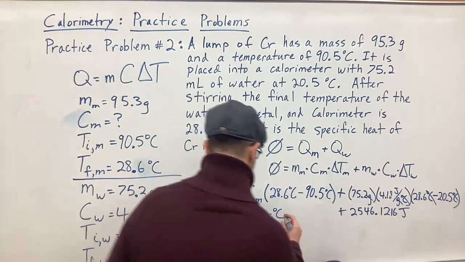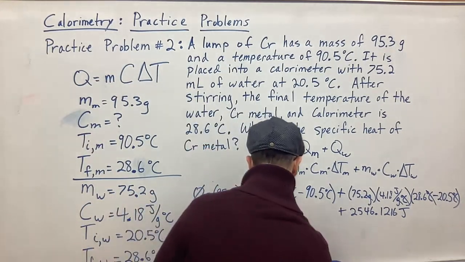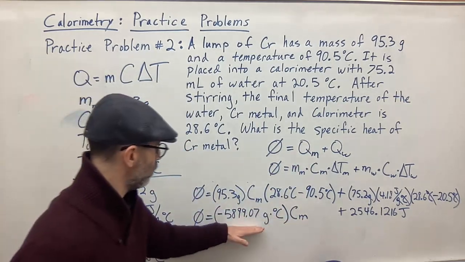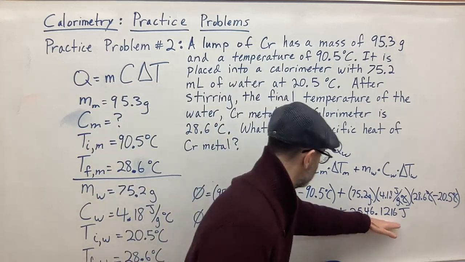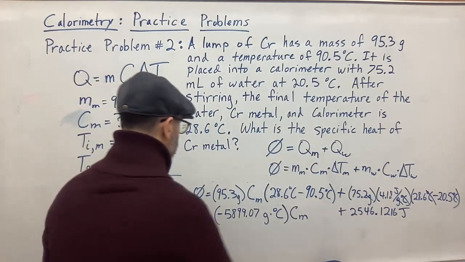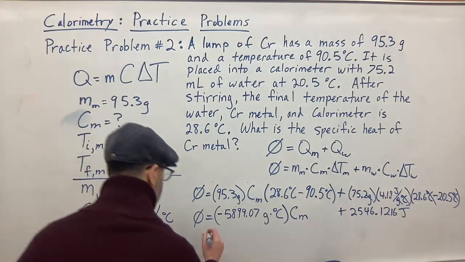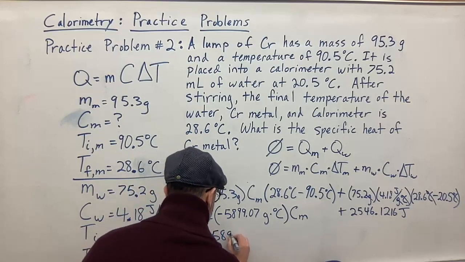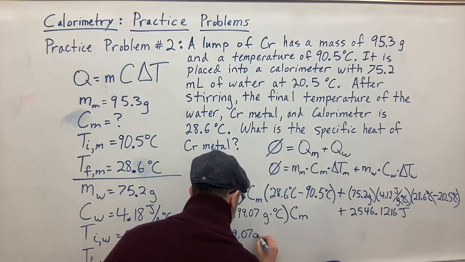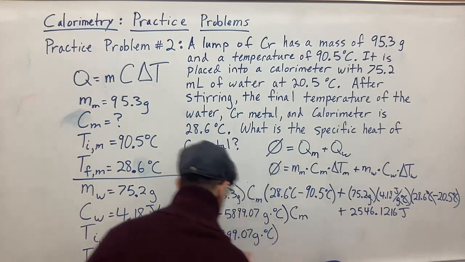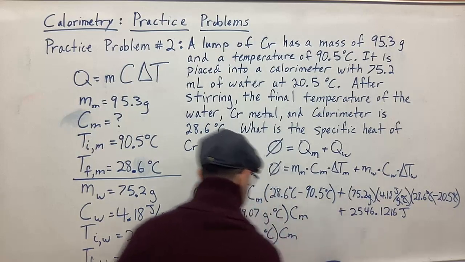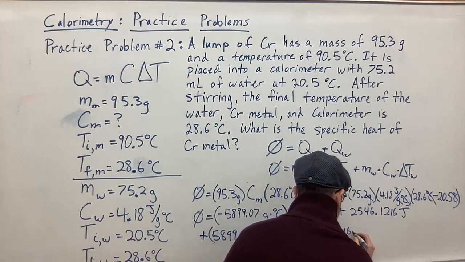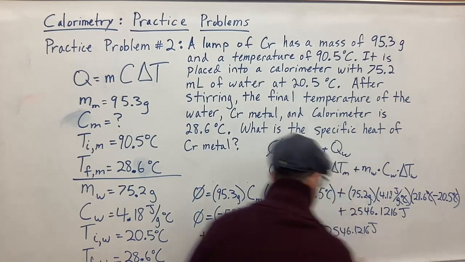Now I want to solve for, oops, I forgot, the specific heat of the metal. So this multiplied by the specific heat of the metal plus this should equal 0. So now all I'm going to do is bring this to this side. If I bring this over here, it's going to be positive 5899.07 gram degrees Celsius multiplied by the specific heat of the metal equal to positive 2,546.1216 joules.